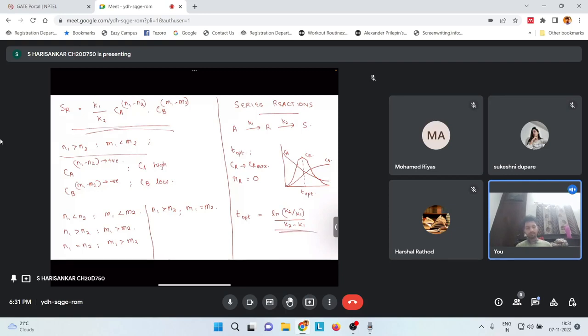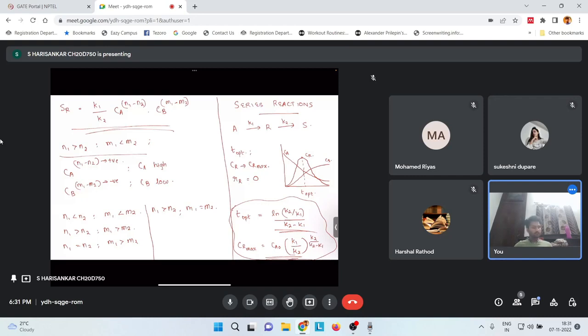And we also had an equation for CR max as CA0 into (K1 by K2) the whole raised to K2 by (K2 minus K1).